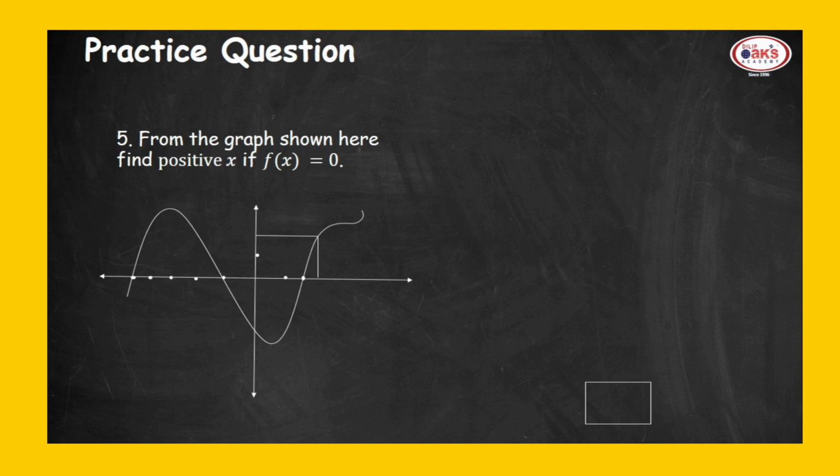Now comes the fifth question, where the graph of a function is given and they are asking us to find the positive value of x if f of x is equal to 0. Now, as f of x is equal to 0, we should be looking at those points where the graph is intersecting the x-axis. Or in other words, f of x equal to 0 implies that the output is 0.